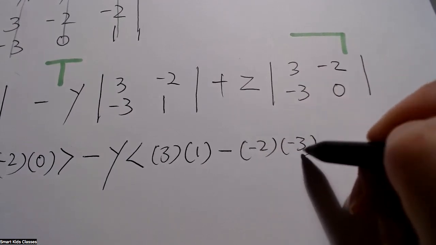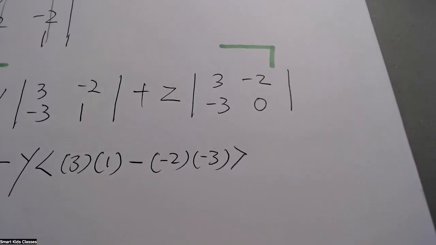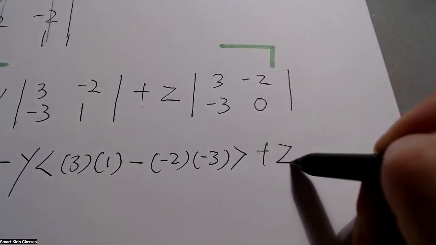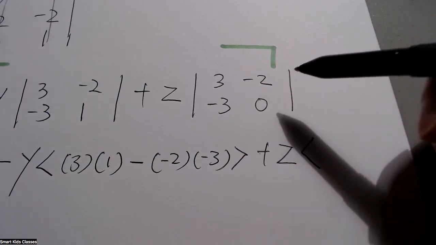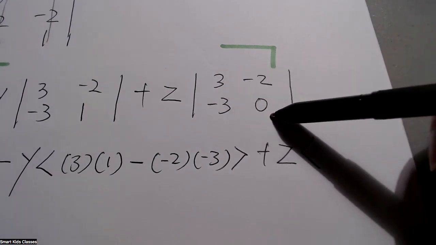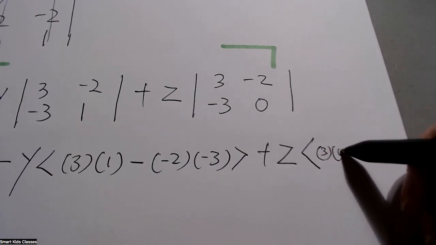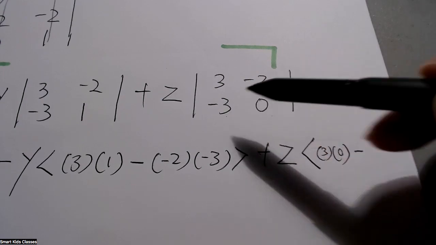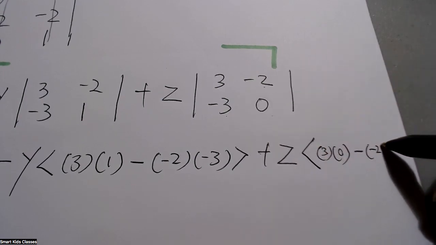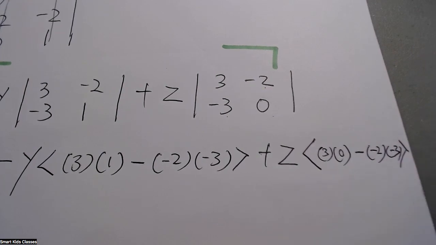Now the last step we do is the z-axis. We cross the numbers: 3 times 0, subtract -2 times -3. We just have enough room to fit in the numbers.